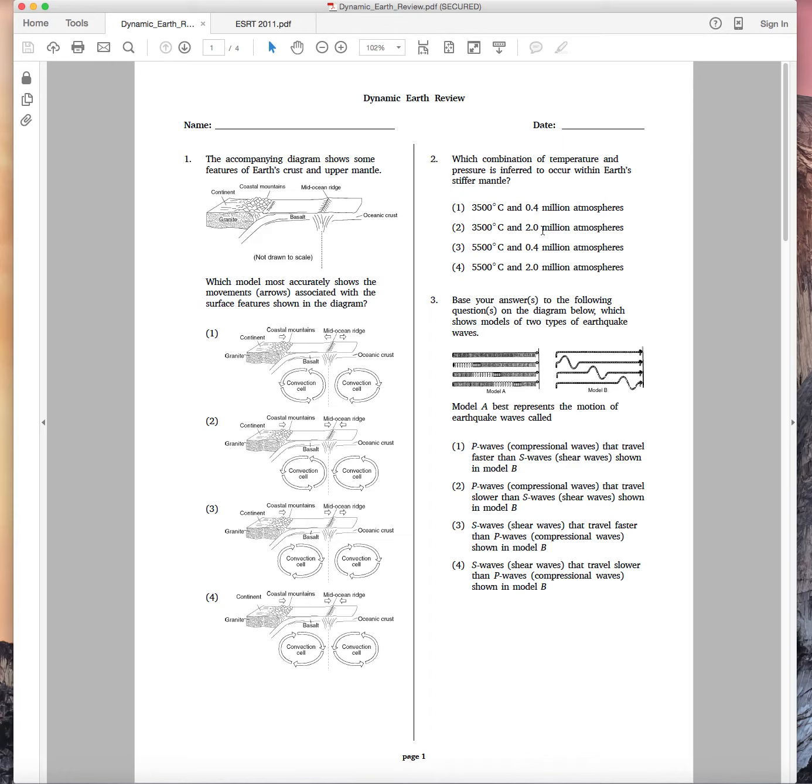Alright, number 3, base your answers to the following questions on the diagram below, which shows models of two types of earthquake waves. Model A best represents the motion of earthquake waves called.